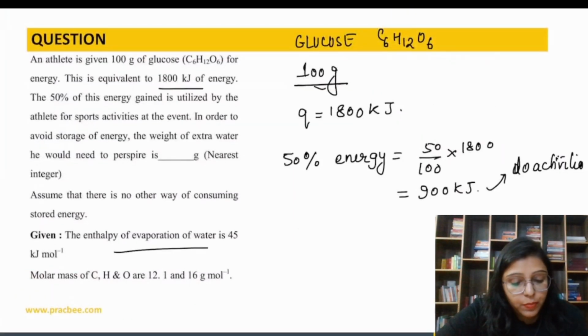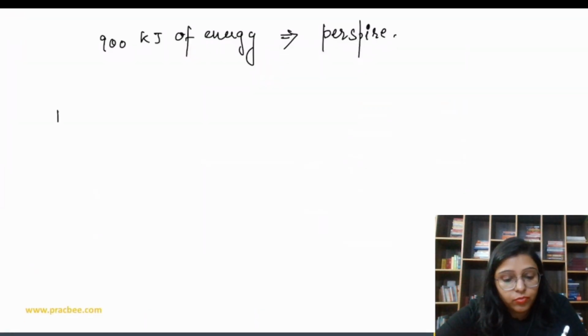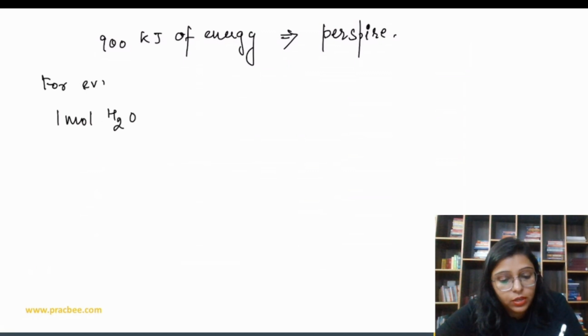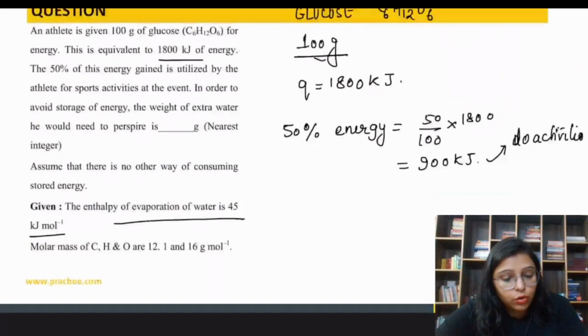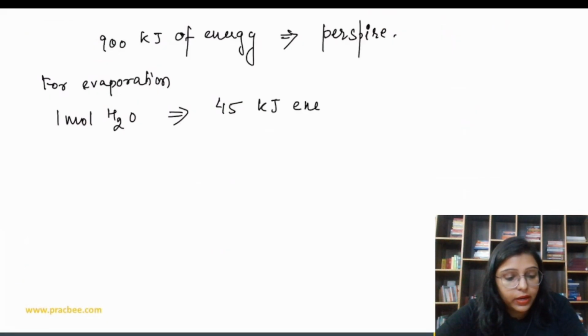See, the enthalpy of evaporation of water is 45 kilojoule per mole. It means for evaporation of 1 mole of water, 45 kilojoule energy is required.